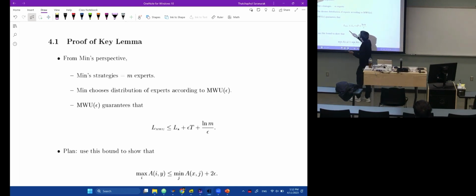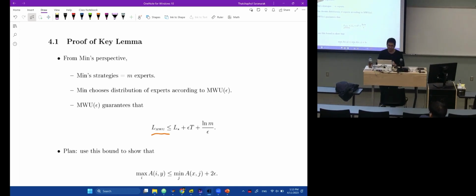So the min player will choose a distribution over experts, and the weight update algorithm guarantees that the regret is small. The loss of the weight update compared with the best strategy, the loss of the best expert, this regret is small.